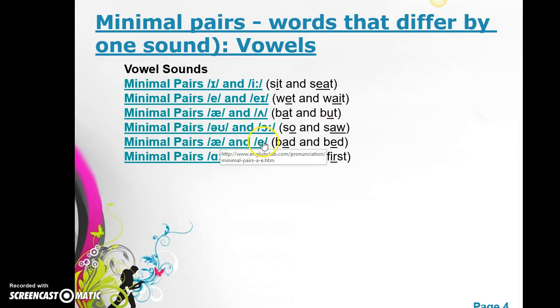As opposed to bad and bed, which is particularly difficult, I take it, perhaps for Norwegians, that sometimes they would say bad all the time, and something like that, okay? Then we have fast as opposed to first, okay, right.